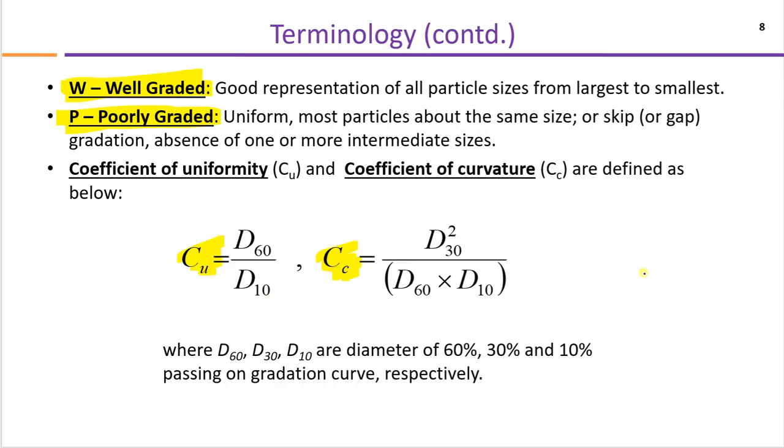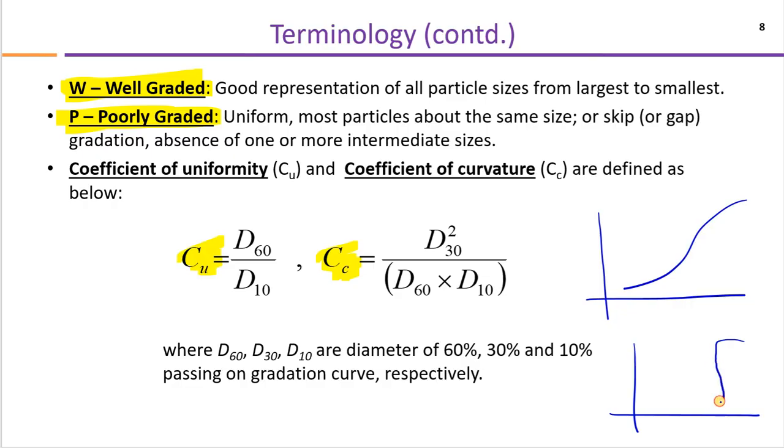Remember, well graded soils have a big S shape when we make the gradation curve, and poorly graded soils have a very narrow gradation curve. So that is well graded, W, and this is poorly graded. Poorly graded is also called uniformly graded, and these come from the two values: coefficient of curvature and coefficient of uniformity. If Cu is high, then chances are that the soil is going to be well graded.